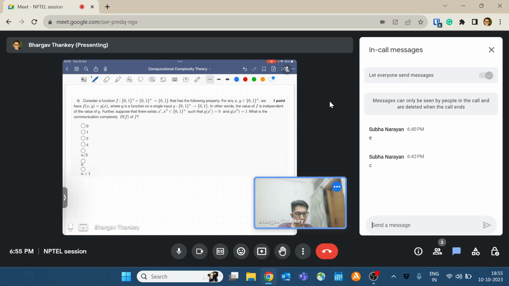In other words, the value of f is independent of the value of y. It just depends on the value of x. Further, suppose that there exist x prime and x double prime in 0, comma 1 to the n such that g of x prime equals 0 and g of x double prime equals 1, then what is the communication complexity df of f? 0, 1, 2, 4, n over 2, and n plus 1. So which of these is correct?